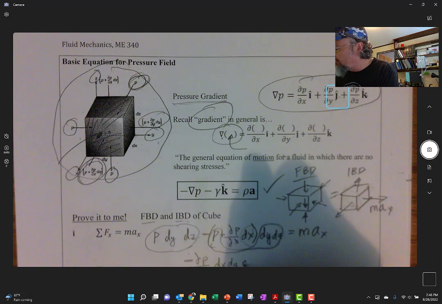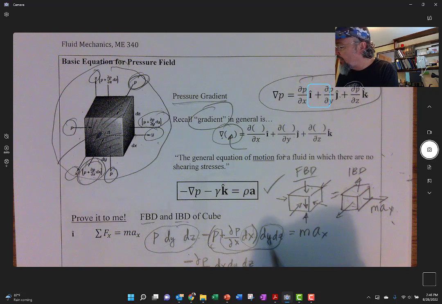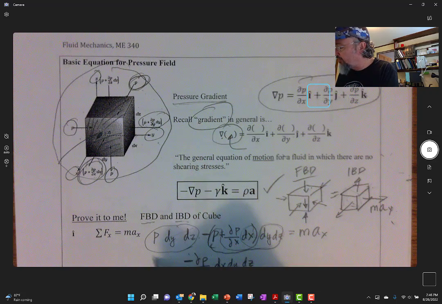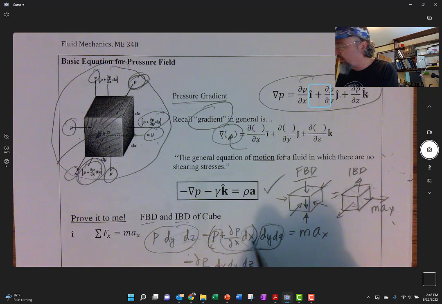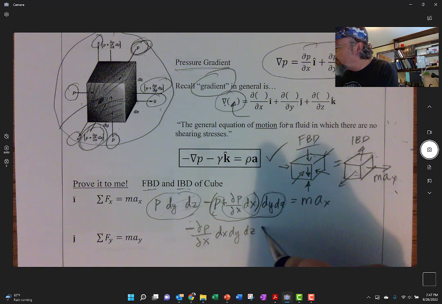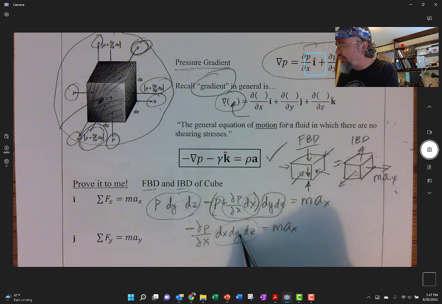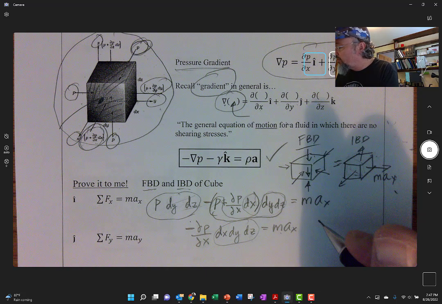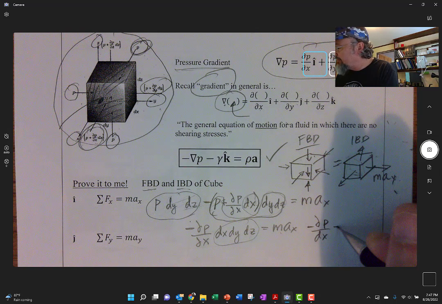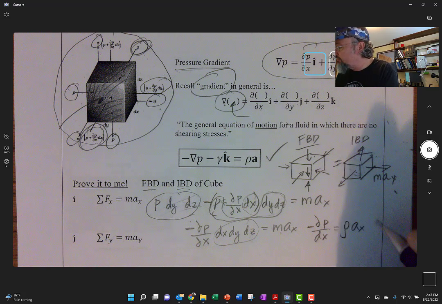Dx dy dz right now, because this p got canceled out, all we're left with is that gradient. It's going to be equal to max, but we note that we could divide through by the volume. So what we can say now is negative dp dx is equal to density times acceleration, right there, right?